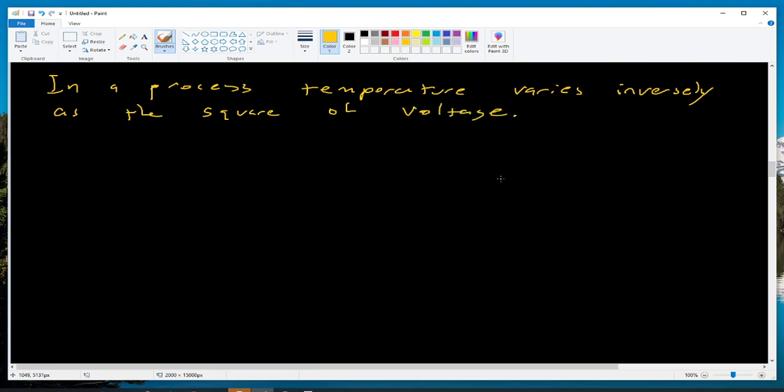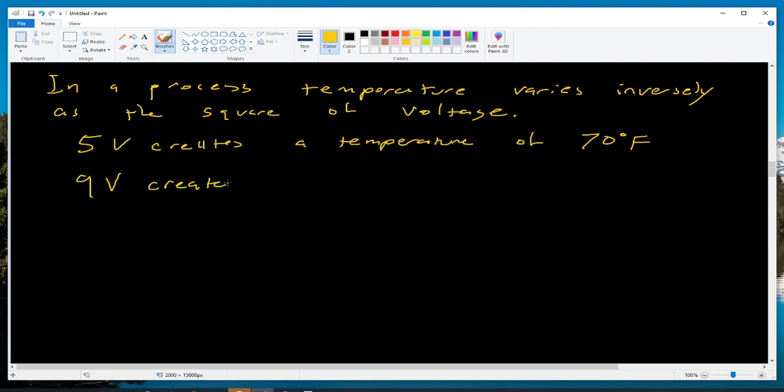And we say 5 volts creates a temperature of 70 degrees Fahrenheit. And we want to know what temperature 9 volts will create. So 9 volts creates what temperature?